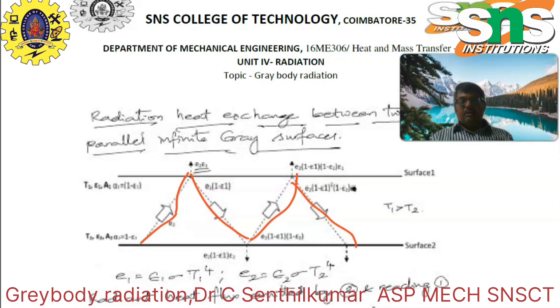When surface 1 is not transferring heat to the sides, it is reflecting to this side. When it is reflecting to this side, surface 2 again reflects to the other side. So this is reflection, radiation. Due to radiation, the heat is transferring. Actually there is no perfect insulator, we all know already. It is reflecting to another side.